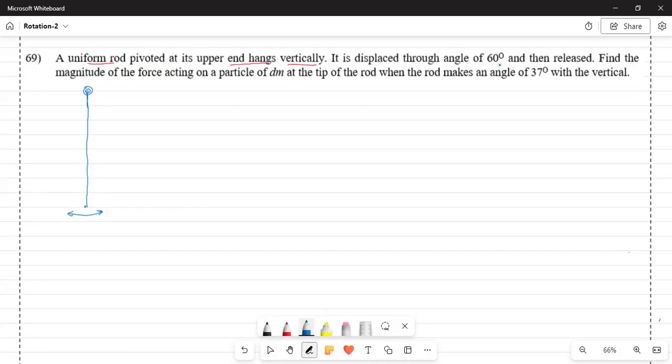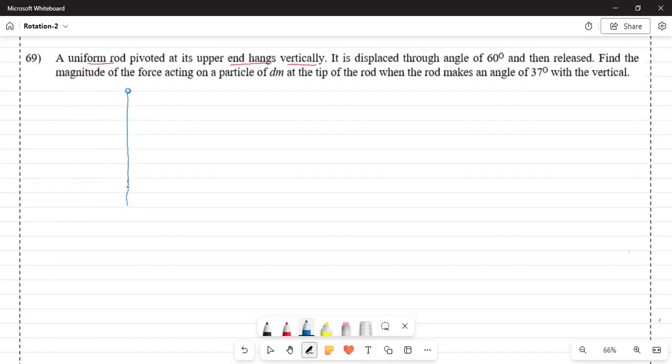It is displaced through an angle of 60 degrees. That means the rod is displaced to an angle of, let me take this rod a little bit away so that I have space for drawing.